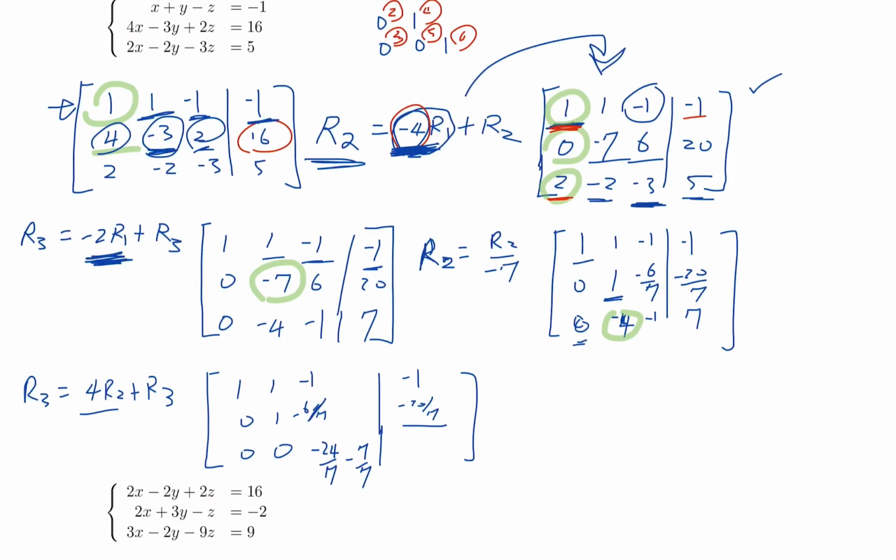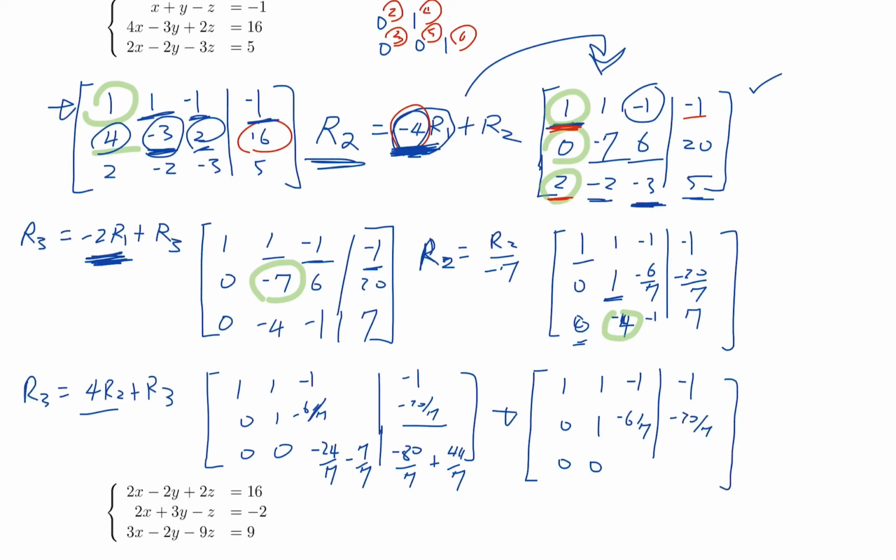What do we get? Negative 80 over 7. Plus 7 will be 49 over 7, right? So let's calculate this part in the next step. Again, everything else stays the same. This right here now is negative 31 over 7. This is also negative 31 over 7.